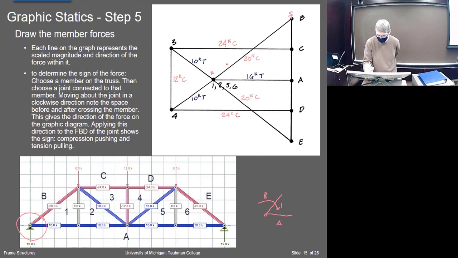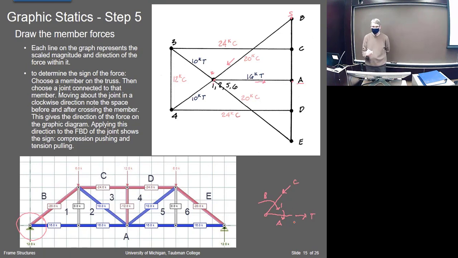I'm going that direction. So that means the vector direction is like that. And going clockwise, I would go from 1 to A. From 1 to A would be in this direction. Then that force will be like that. So that way I know the sign of those forces.